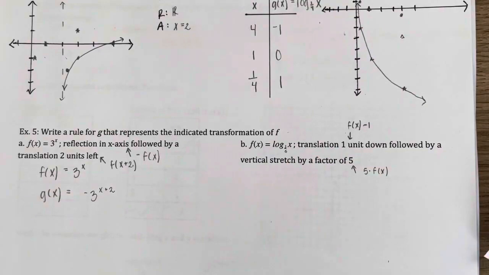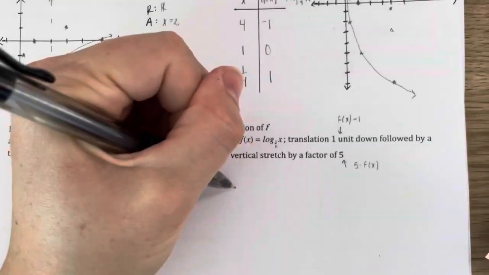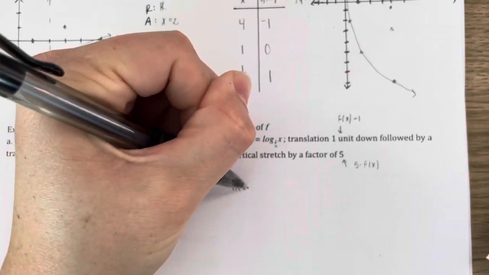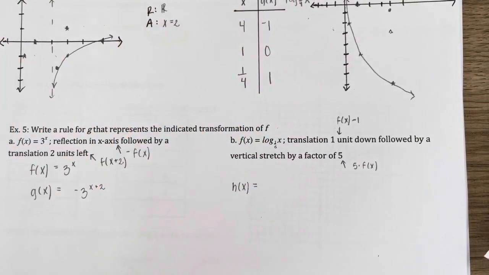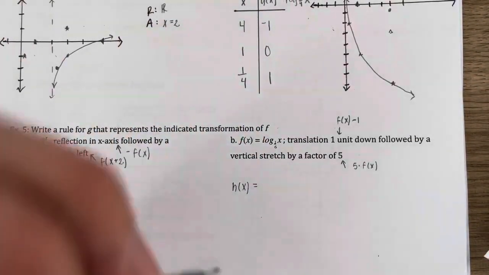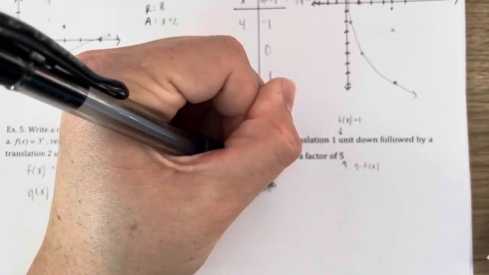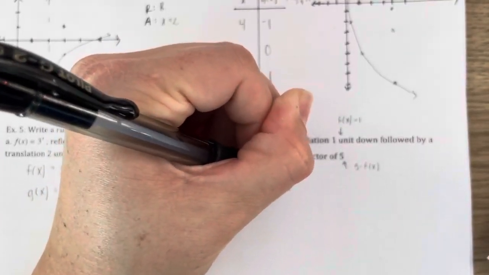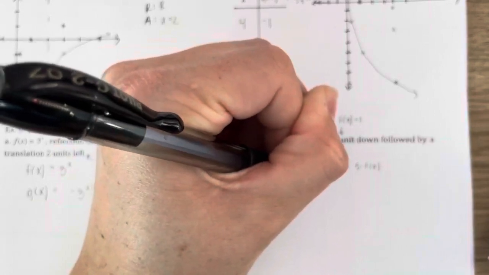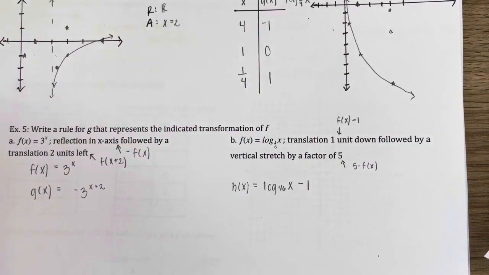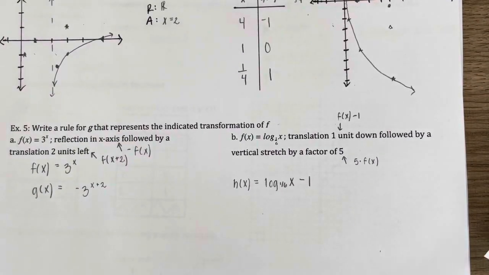So if we want to make sure that we do the translation first, we should do it in 2 steps. I'm going to call the middle step h of x. So h of x is going to be f of x translated 1 down. So it'll be log base 1/6 of x, and then to translate 1 down, we'll do minus 1. And then now that we have the translation 1 unit down, we can put in the vertical stretch.